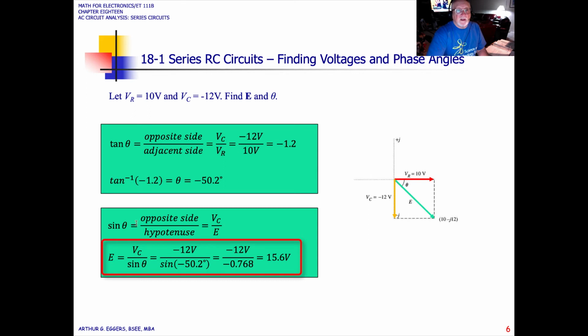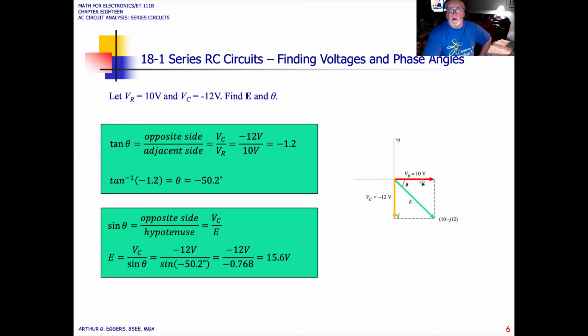If I move E into the numerator, move sine theta into the denominator, I get the expression VC over sine theta is equal to minus 12 volts divided by the sine of minus 50.2, which we calculated up here in the first block. So the sine of minus 50.2 is a negative 0.768. Divide that into negative 12 volts, and we get a positive 15.6 volts. So that ends up being the length of that phasor or that vector.